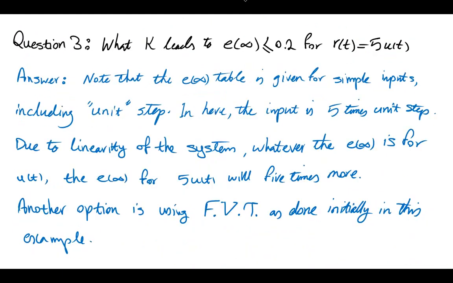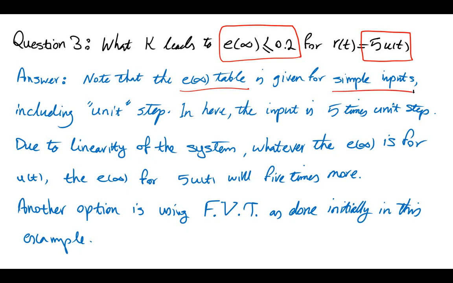So let's proceed to the third question. What K leads to the same interval for the steady state error for the input of 5 times u(t)? Note that a steady state error table is given for simple inputs, including unit step. Here, the input is 5 times unit step.